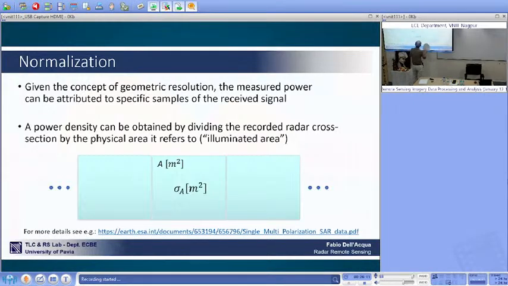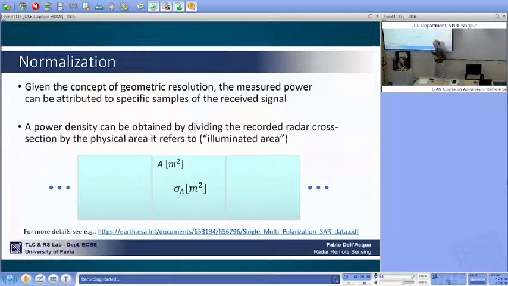And you attribute to that surface a so-called radar cross-section, which is the unit of measure for the returning reflectivity of the object.